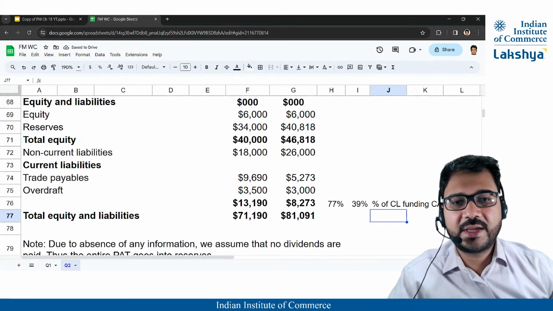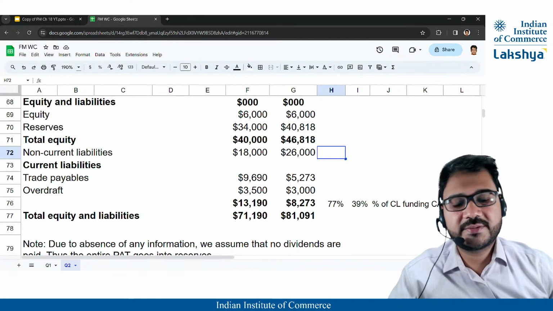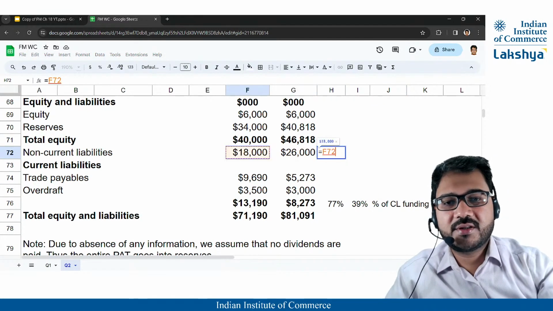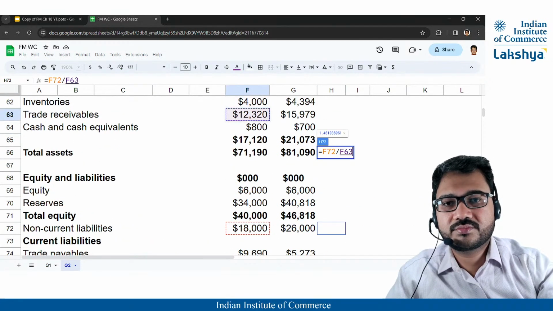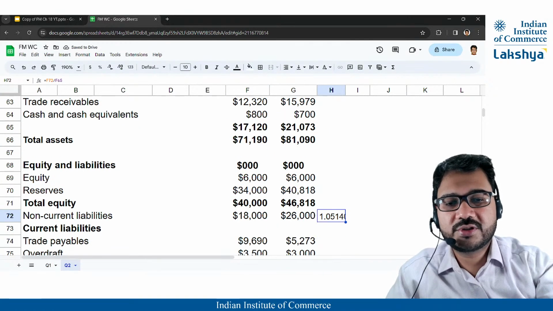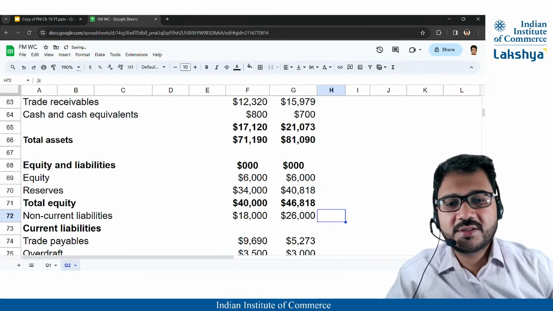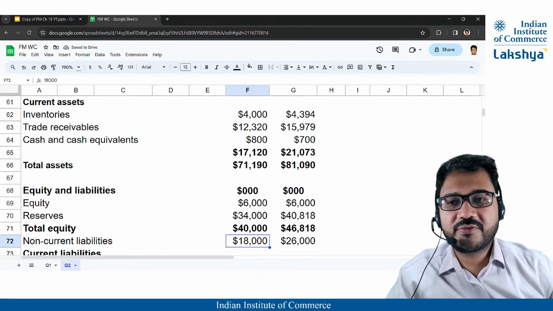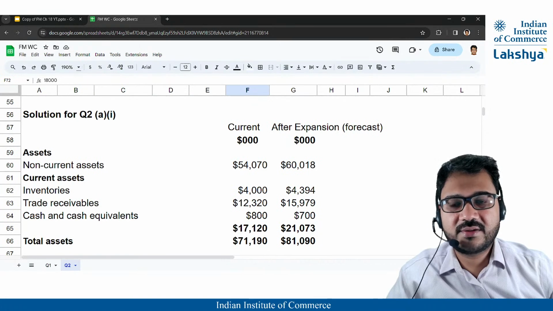Okay. And if you had to see how much of non-current liabilities is funding, you would say that no, because these liabilities are going to fund both the assets, as in non-current assets as well as current assets.